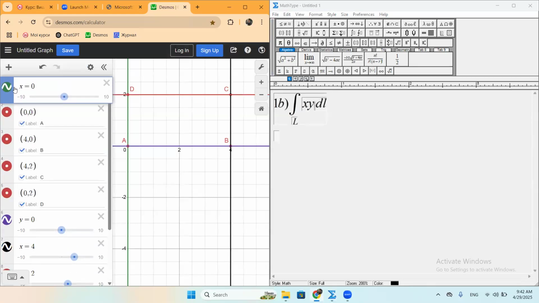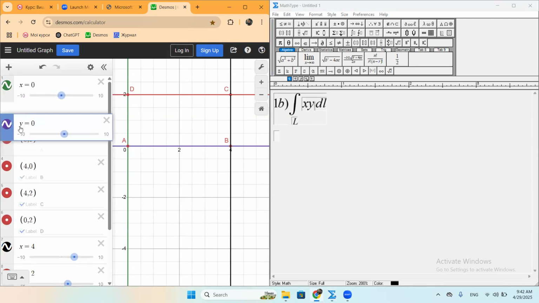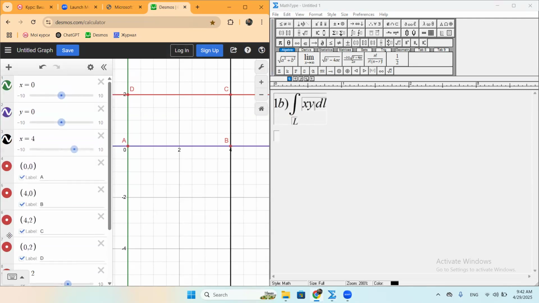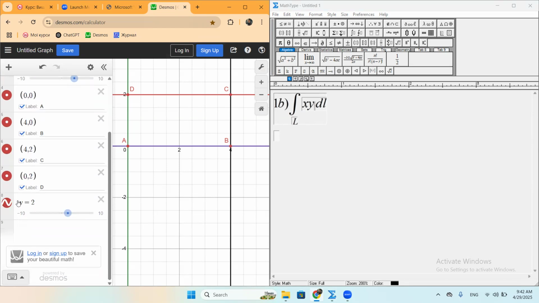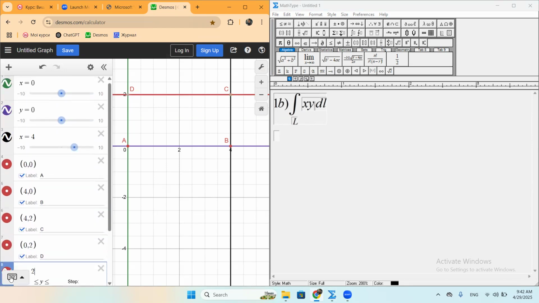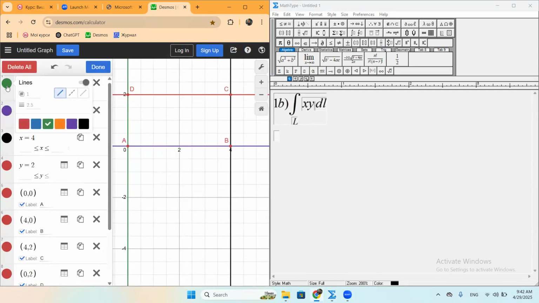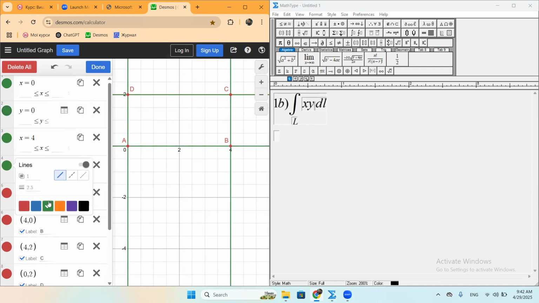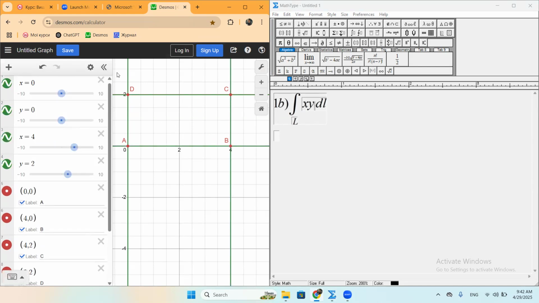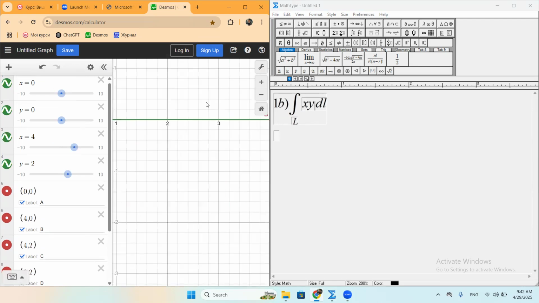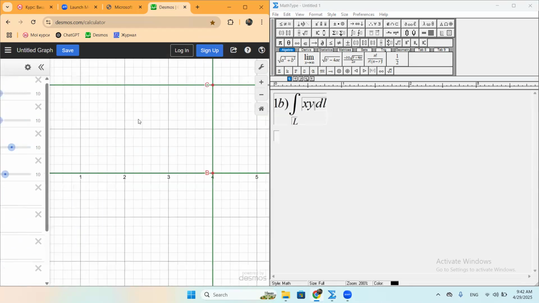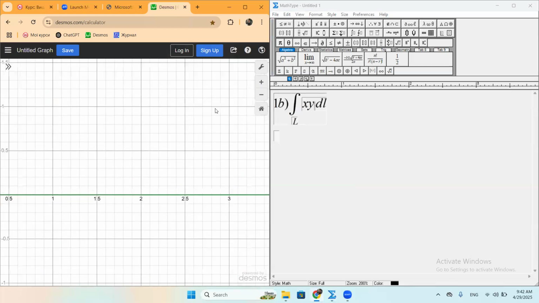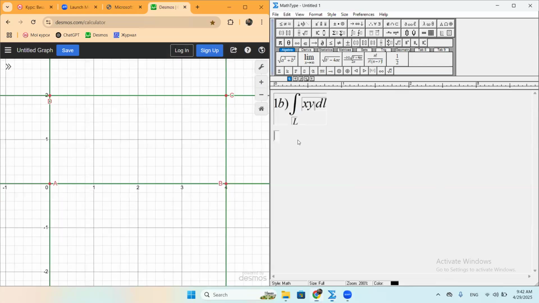Let's move everything up and adjust different colors as well. Okay, let's go with green. So we have the following rectangle, and we need to integrate along this contour.